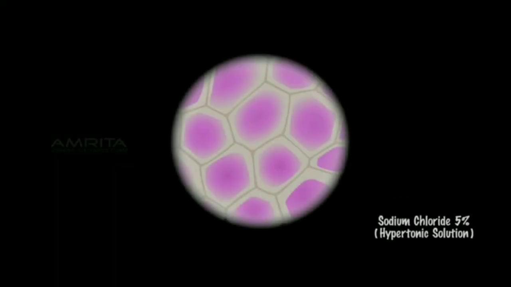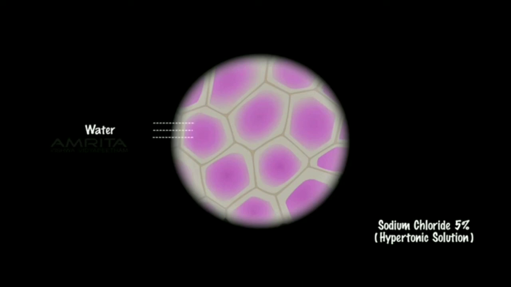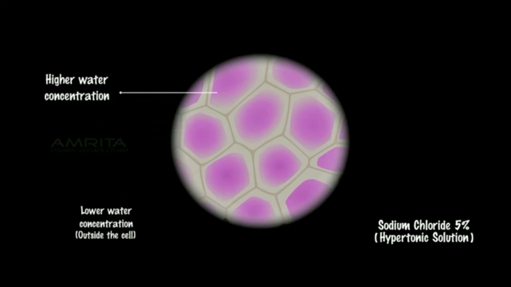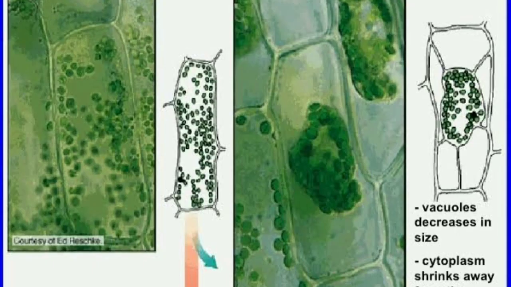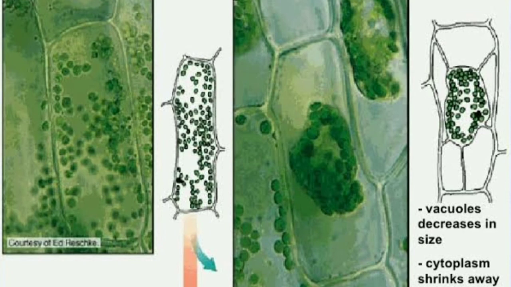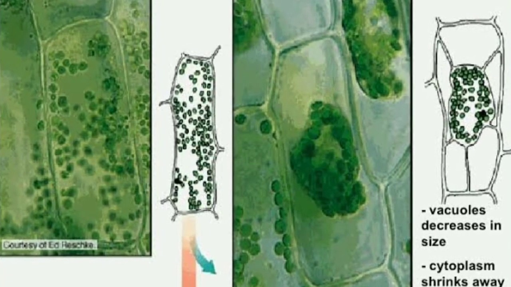Conclusion: when a plant cell is immersed in a 5% sodium chloride solution, water moves out of the cell because the water concentration inside the cell is higher, whereas the outside water concentration is low. Ultimately, the protoplasm shrinks and assumes a spherical shape. This is the real slide of the shrinkage of the protoplasm of a plant cell.